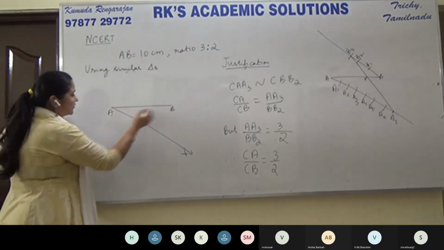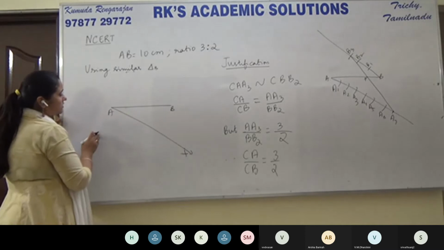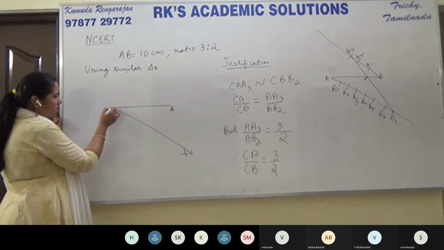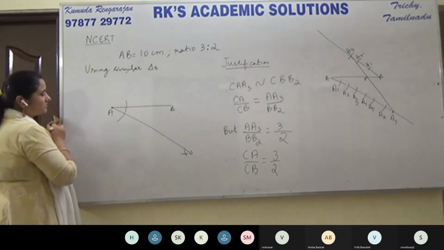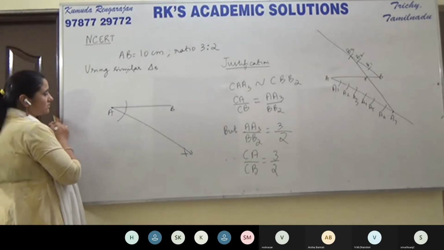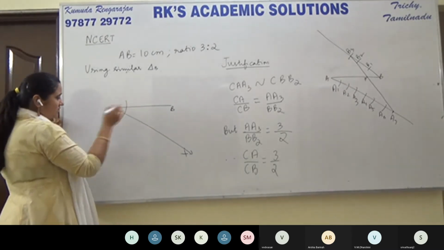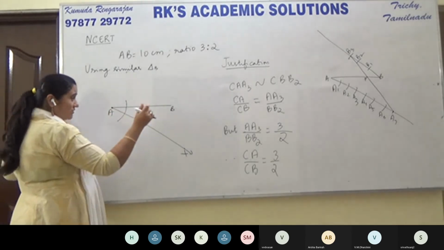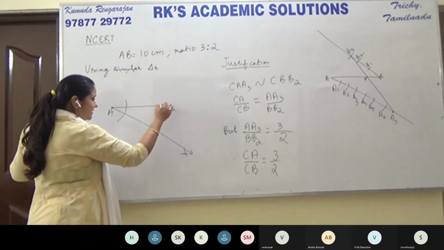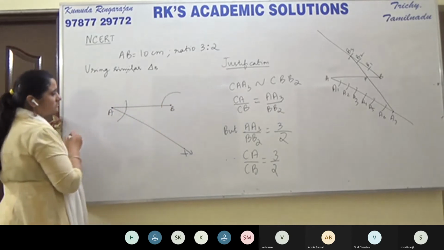Whatever is the angle here, we need to construct it here. First, compass tip here, any radius, an arc. Same radius, compass tip here, arc. With the same radius, put your compass tip here, arc.